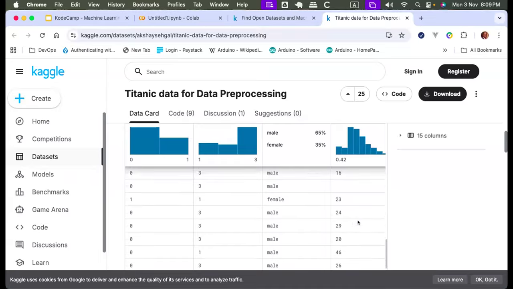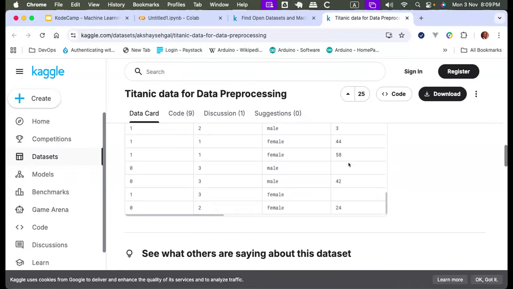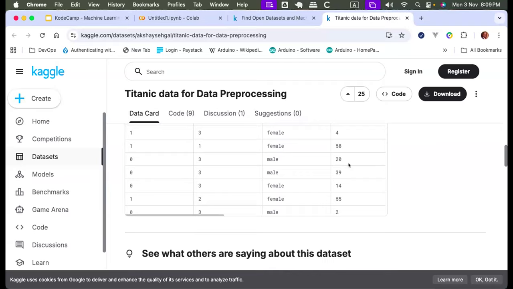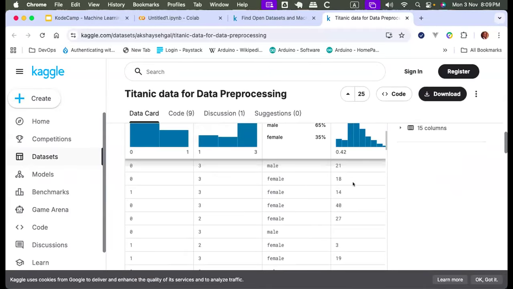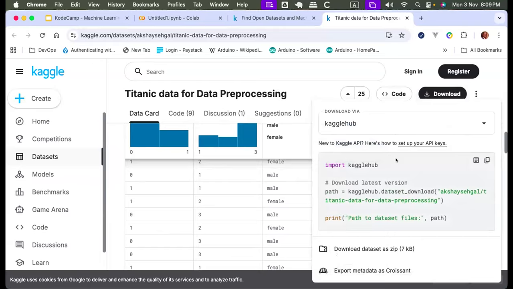So what I'll do, we could actually have run this in a Kaggle notebook, right? But I still want to use Colab. Because I want to use Colab, I will download this dataset and then re-upload it in my Colab, right?